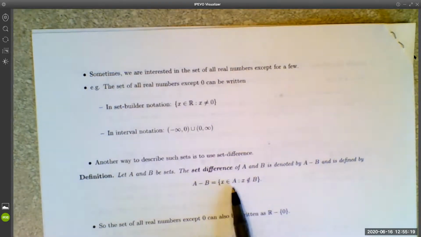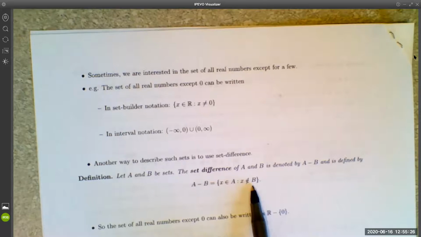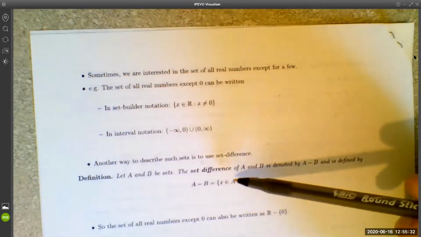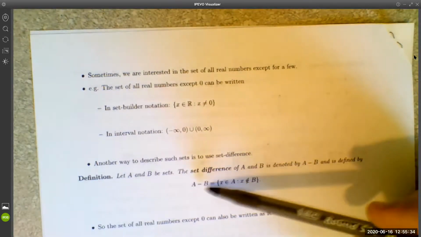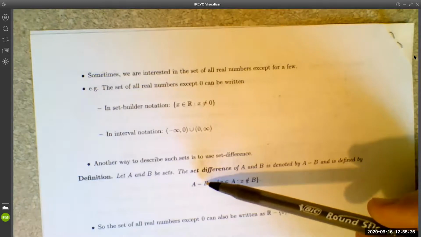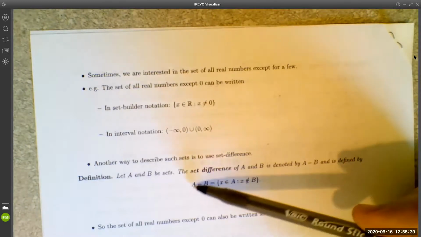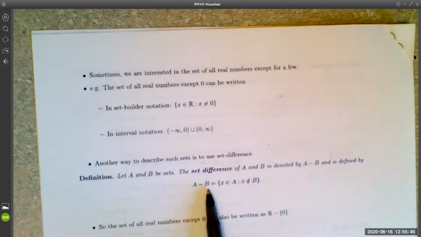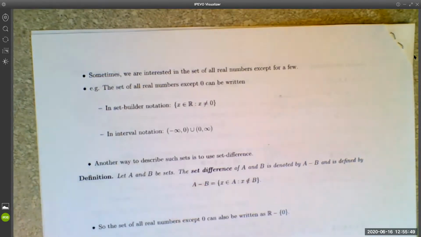A minus B is the set of all x in A where x is not in B. So if you take all of the elements that are in B out of the set A, then you get A minus B. It's like you're saying take A and then delete all of the elements in A that are part of B, and that's the set difference.